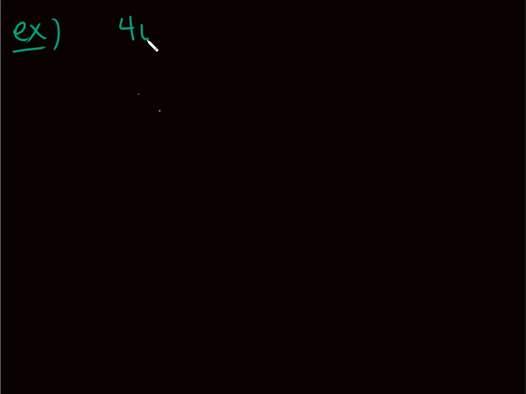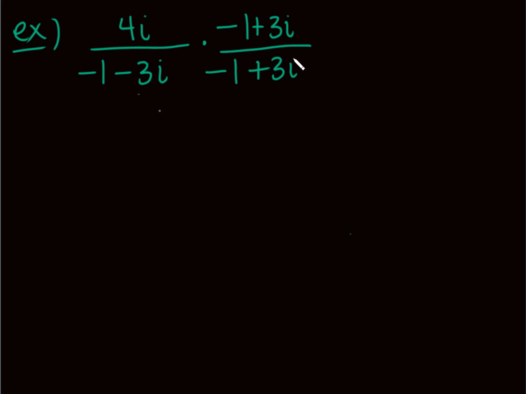What if I had 4i all over -1 minus 3i? For the complex conjugate of that denominator, everything stays the same but that middle sign. So I would have a -1 plus 3i for my complex conjugate. Let's multiply this through, take the 4i through, I get a -4i minus 12i squared.